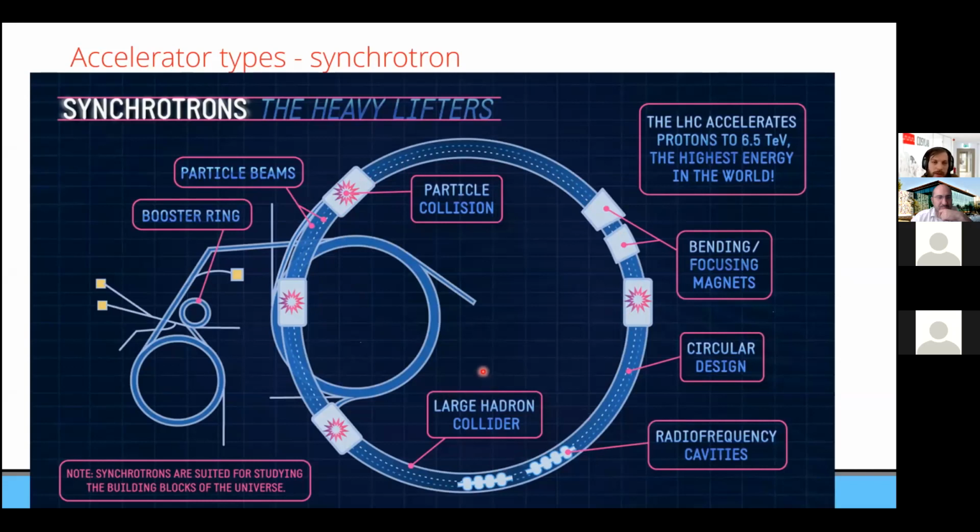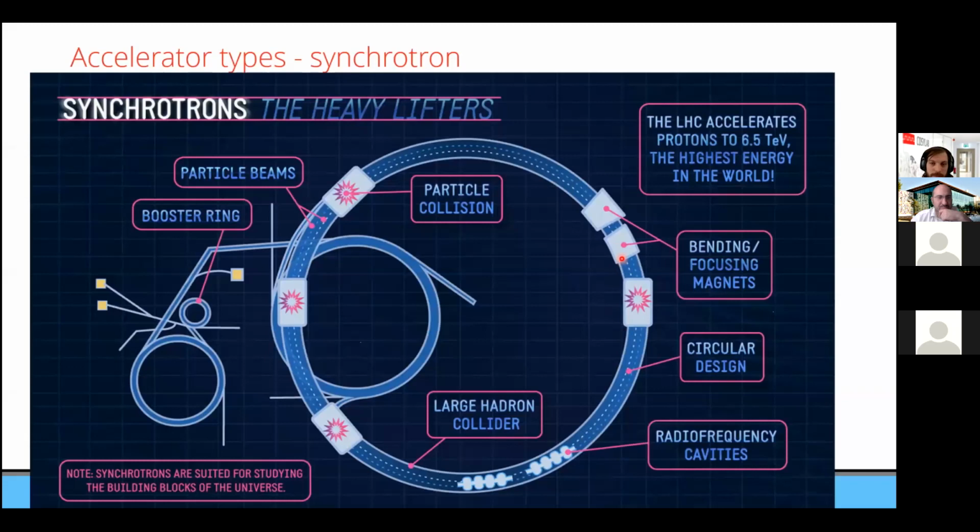The good thing about synchrotrons is that they need only one radio frequency cavity. A radio frequency cavity is a device that actually accelerates the particles. But all over the ring, we need to ensure that the particles are circulating, and we can achieve this with bending and focusing magnets.